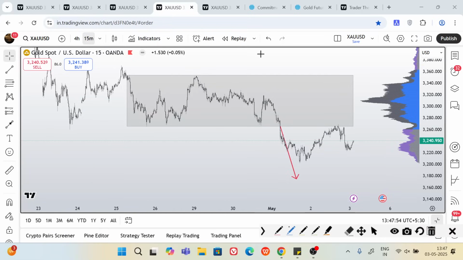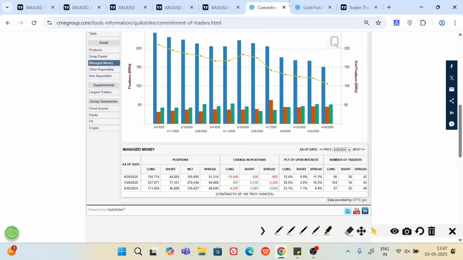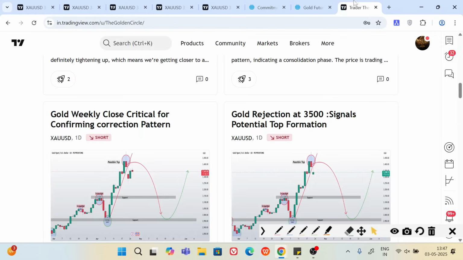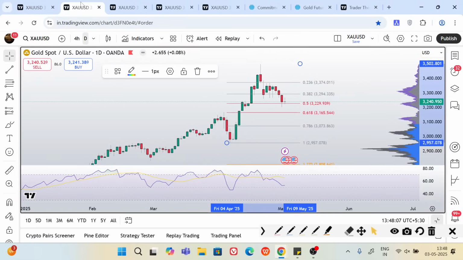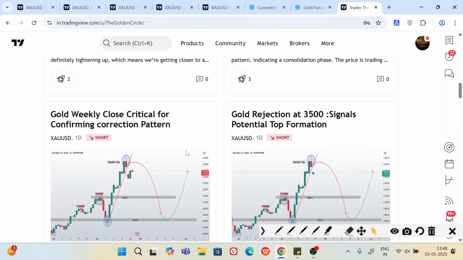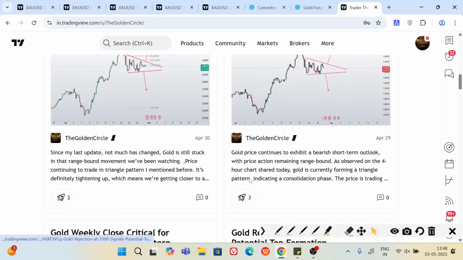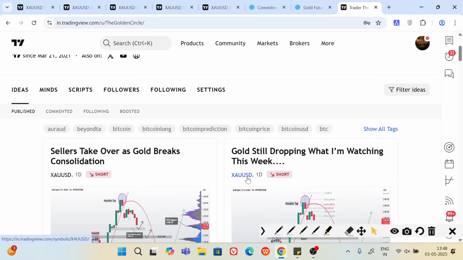So yes, overall, if we talk in terms of swing trade, the price is currently in consolidation and we have to look for the sell opportunities only. So overall sentiment is still in correction phase, and I already shared this on my TradingView profile and on Telegram channel also.